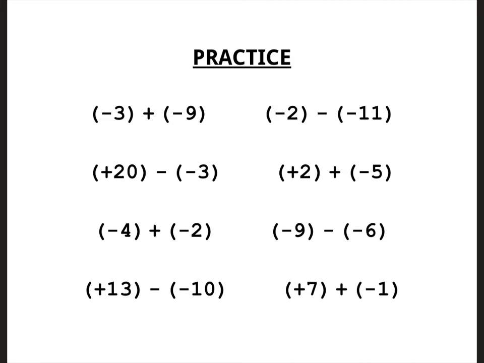Okay, let's go through it. First, we've got -3 outside, and she added coldness, 9 degrees of coldness. If she added 9 degrees of coldness to an original temperature of -3, it went down to -12. Okay, next one. It's -2 outside, and she took away 11 degrees of coldness.